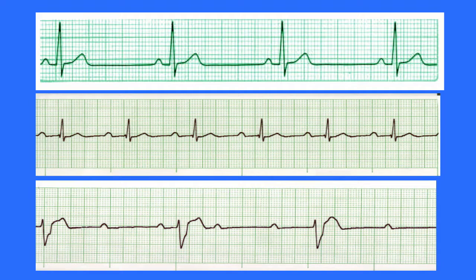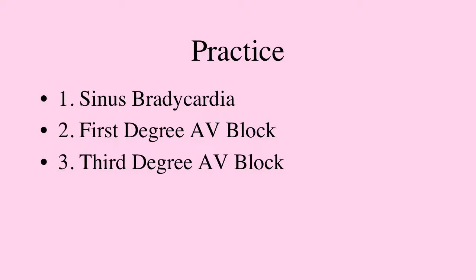So this is third degree or complete AV block, and you have again lost and found P waves, a P wave rate that's faster and regular, and a QRS complex rate that's slower and also regular, slower than the atrial rate. And so third degree AV block. So in summary on those, you have sinus bradycardia, first degree AV block, and third degree AV block.